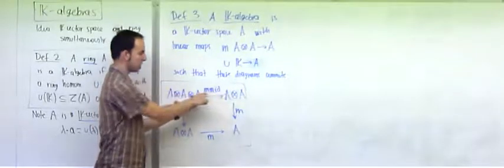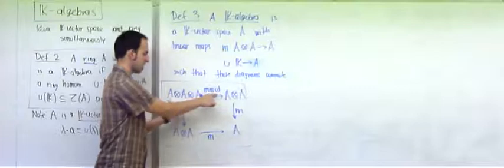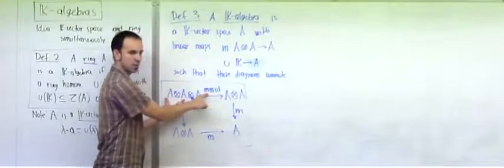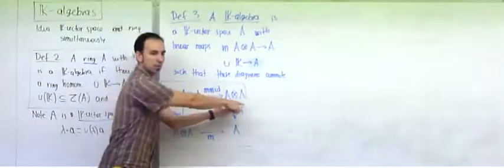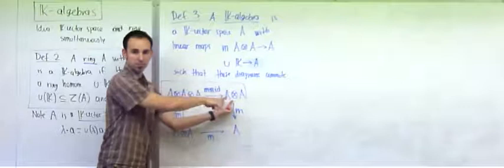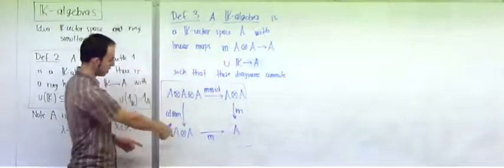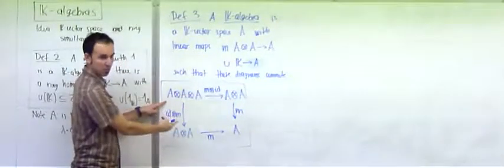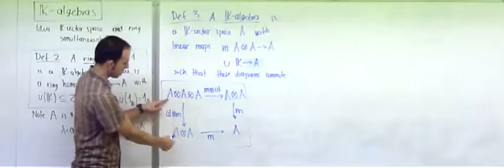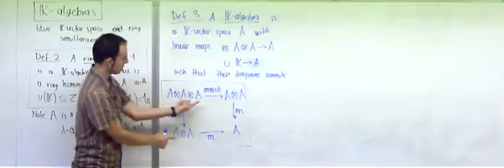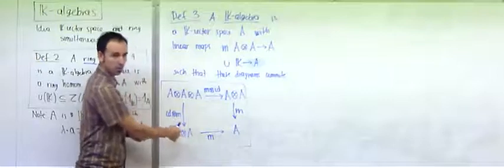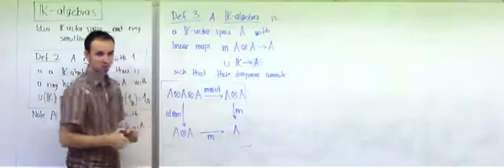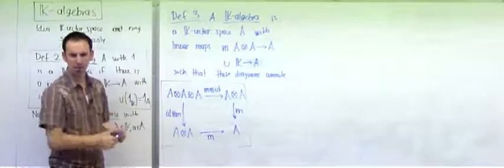Given that I have this tensor, the first two entries get M. You use M to send A tensor A to A, and you use the identity to send A to A. And that's the map. Similarly, here it's the same thing but backwards, right? A gets sent through the identity to A, and A tensor A gets sent through M to A. And so those are the maps of this picture. I'll write them again in a second.